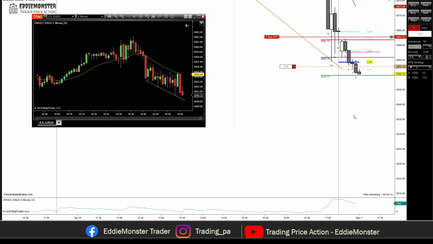It's not a good idea to sell below 5, or if you're gonna say sell below 5, you need to put your stop up here. That's different. B1, we should have some buyers here. We should have some buyers there.